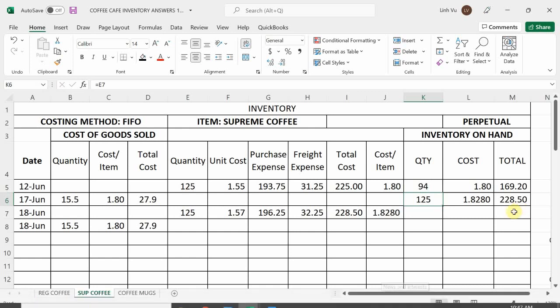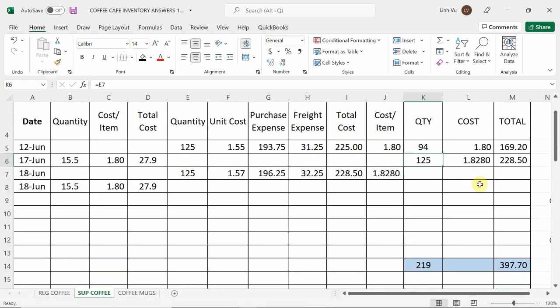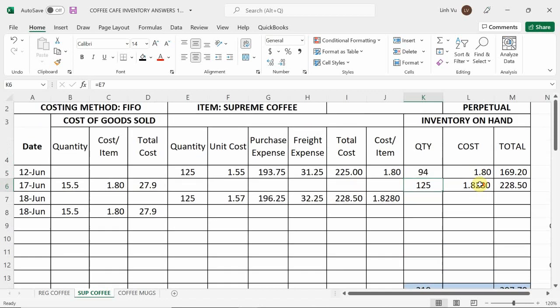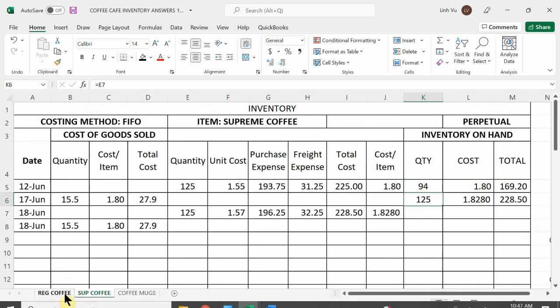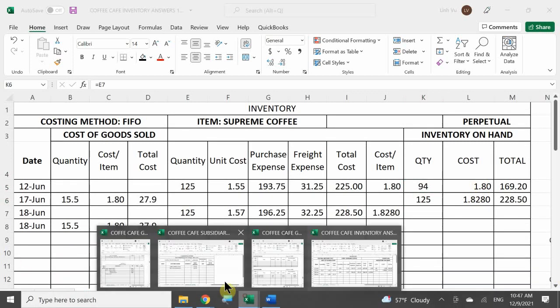So therefore, you should have a grand total of 219 pounds left at a grand total of $397.70. Okay, 397.70. So again, cost of goods sold is $27.90 for my Supreme coffee.